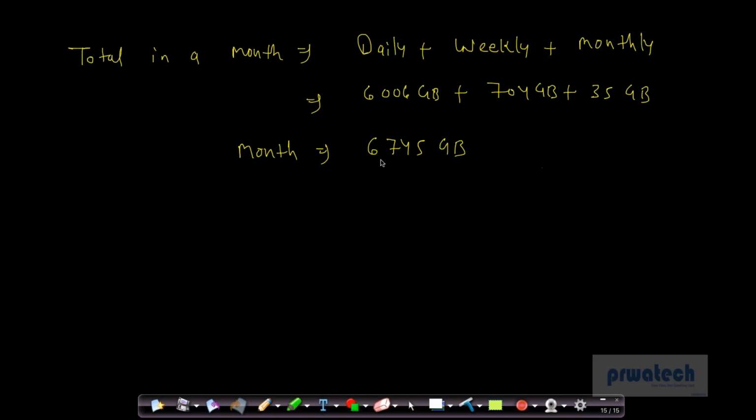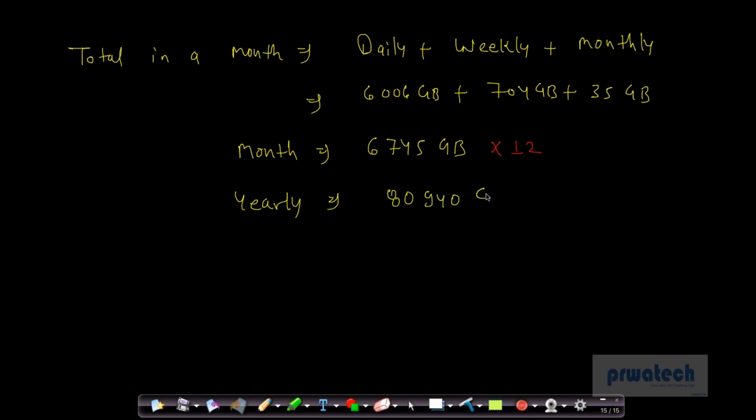If I'm checking for 12 months, then I'll multiply this with 12, and this is equal to yearly: 12 into 6745, 80,940 gigabyte.